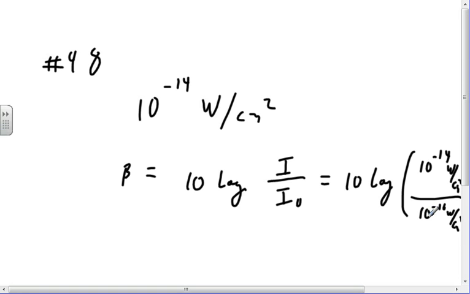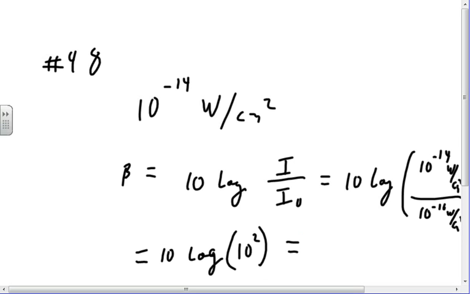Okay, so this is 10 log of 10 to the minus 14 over 10 to the minus 16, squared units on the bottom. Decibels are unitless. Those units that you can't read go away, so don't worry about them.